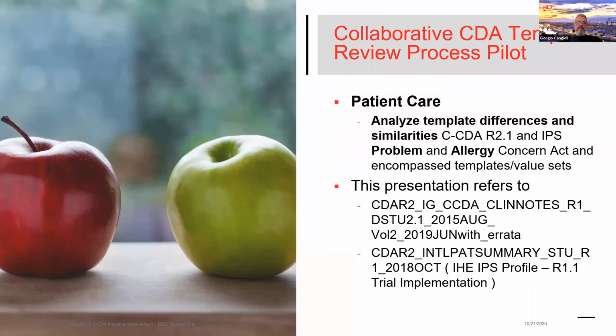This work relies on the great work done by Lisa and others on the comparison between the C-CDA and the IPS for problem and allergy. This specific presentation has used these two versions of the C-CDA and the IPS for comparing the templates.